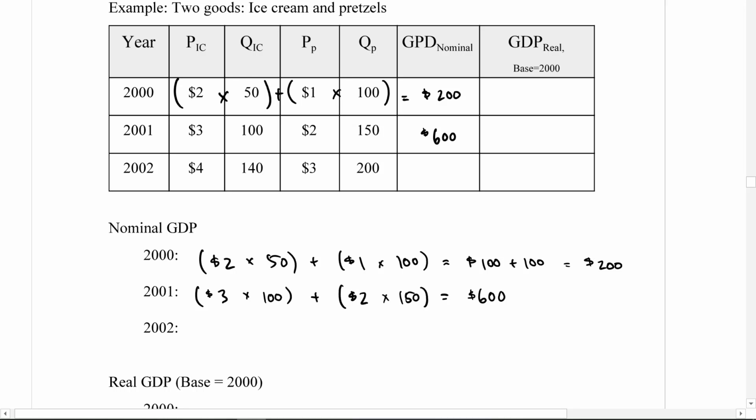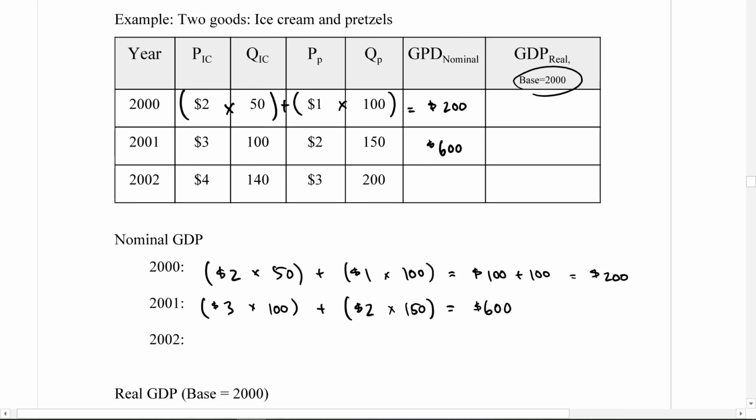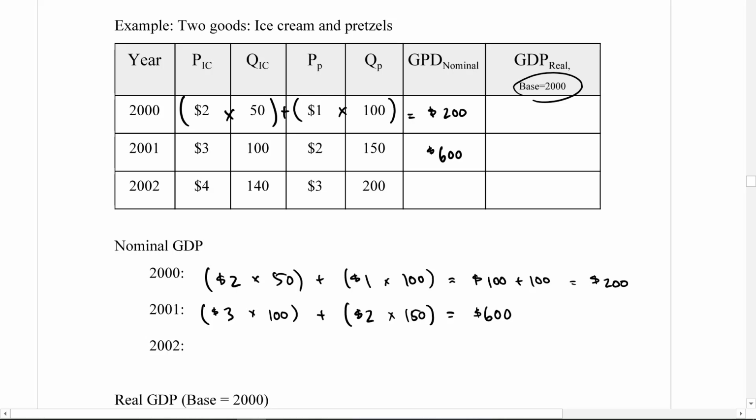And then let's calculate real GDP. Whenever we calculate real GDP, we have to have a base year. We're saying here that it's the year 2000. That means we're always going to use the 2000 prices. So that actually makes the calculation of 2000 GDP really easy.